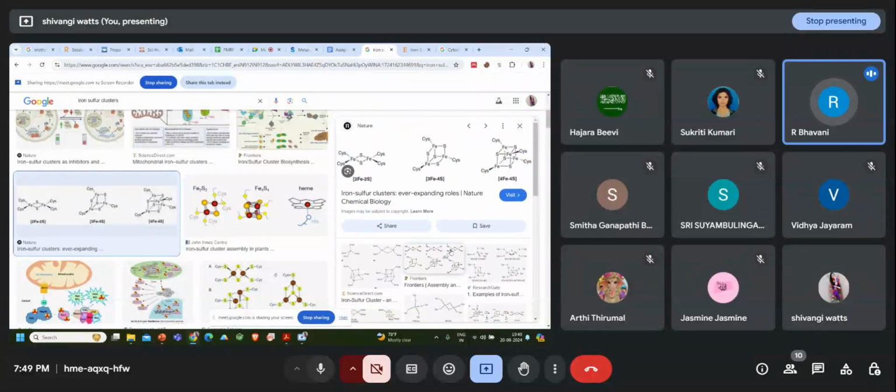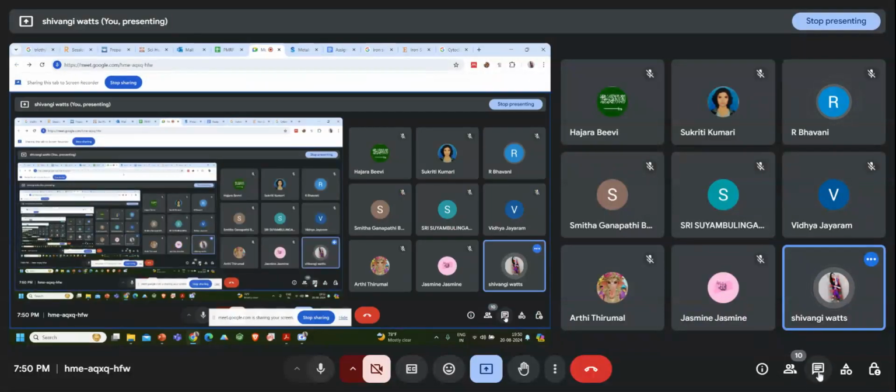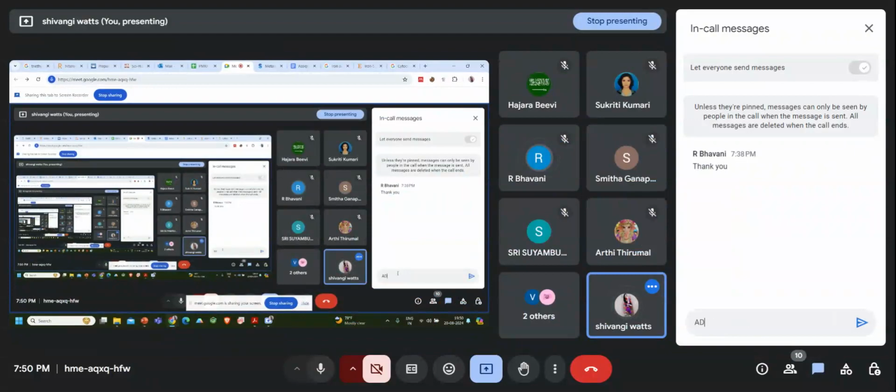Ma'am, what is the full form of ADP? ADP is adenosine diphosphate, and ATP is adenosine triphosphate.